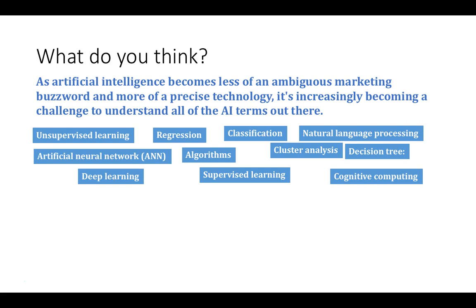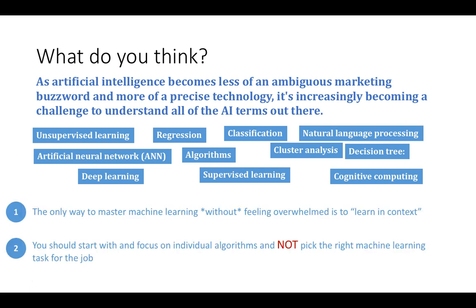So unsupervised learning, regression, classification, natural language processing, artificial neural networks, algorithms, cluster analysis, decision trees, deep learning, supervised learning, cognitive computing. There is a lot of terminology that people are talking about, and it is very possible for us to get overwhelmed as we try to understand and differentiate each of these terms.